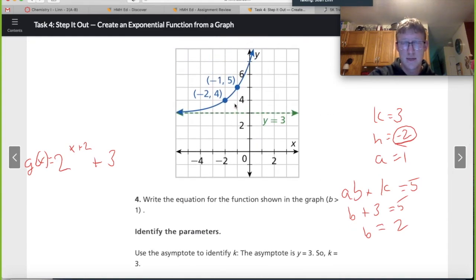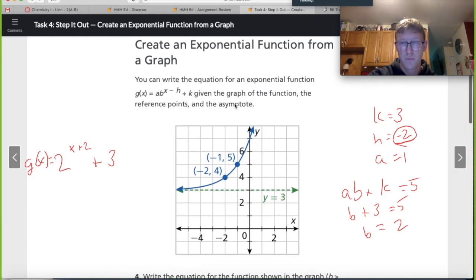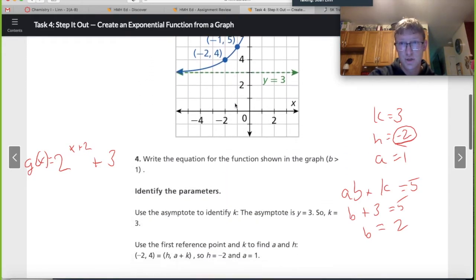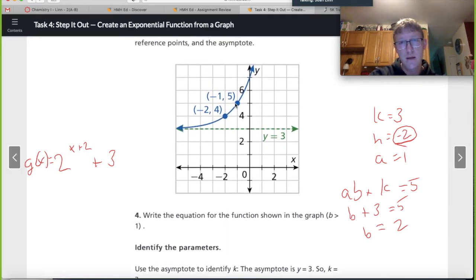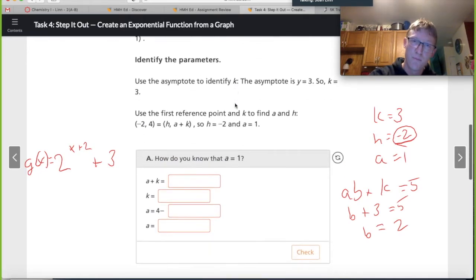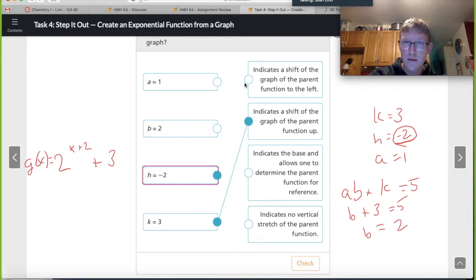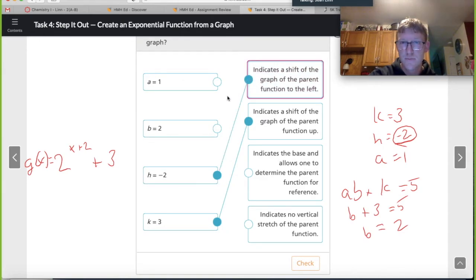So let's see here. H is going to be our shift to the left or right. In this case, it's to the left. So h equals -2 indicates a shift of the graph of the parent function to the left. B is our base.